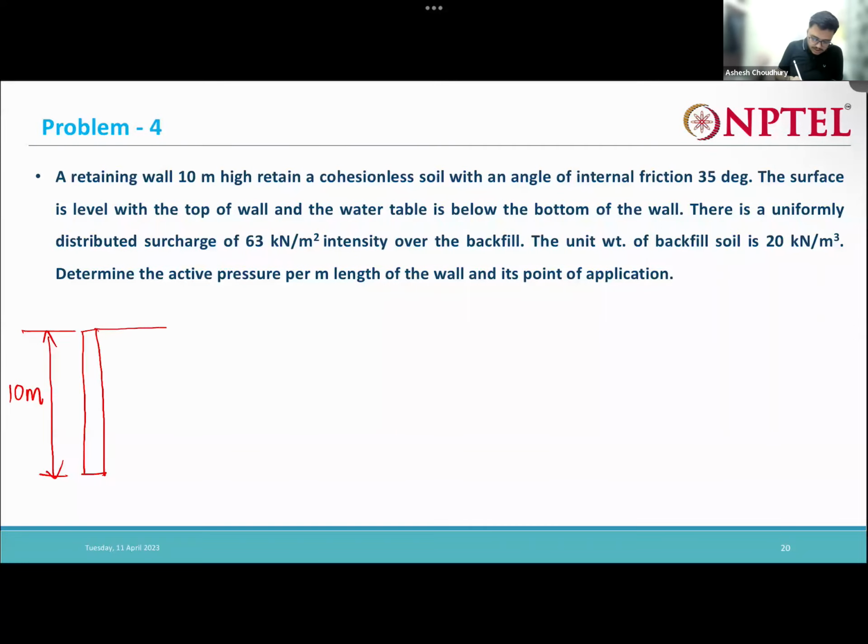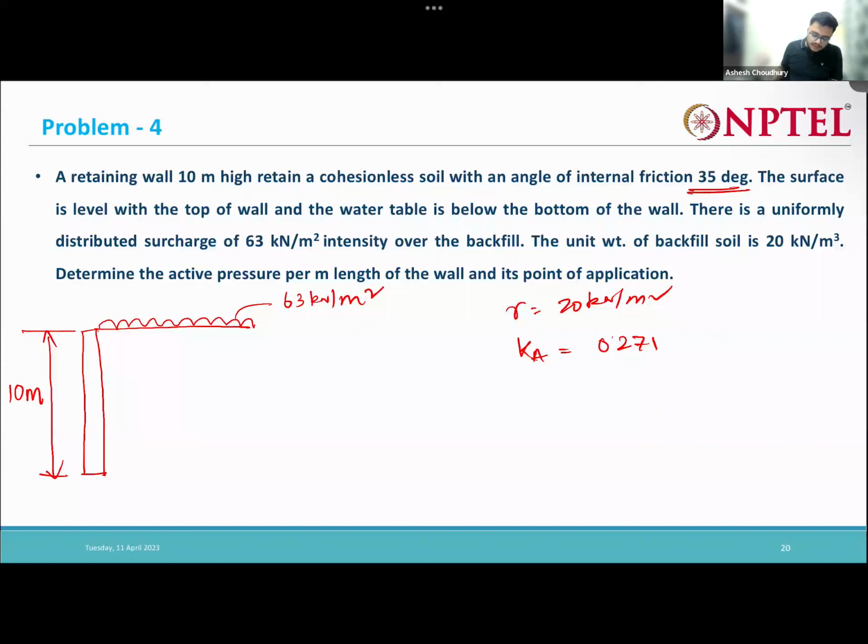Surcharge is there, so here you have a uniformly distributed surcharge of 63 kN/m², and gamma is given as 20. So K we already found out, 0.271 for 35 degrees.